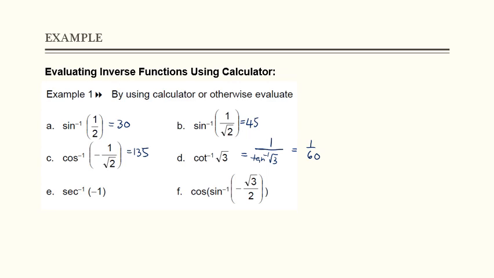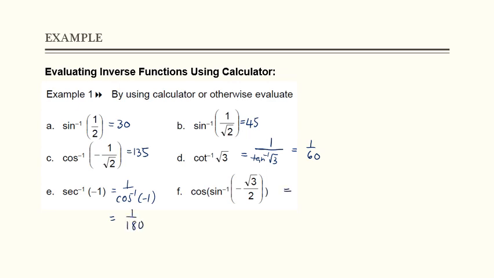Right. Next we have secant. Secant inverse negative 1. So 1 over secant is 1 over cos. Cos inverse negative 1 is equal to 1 over cos inverse negative 1. So it is 1/180.